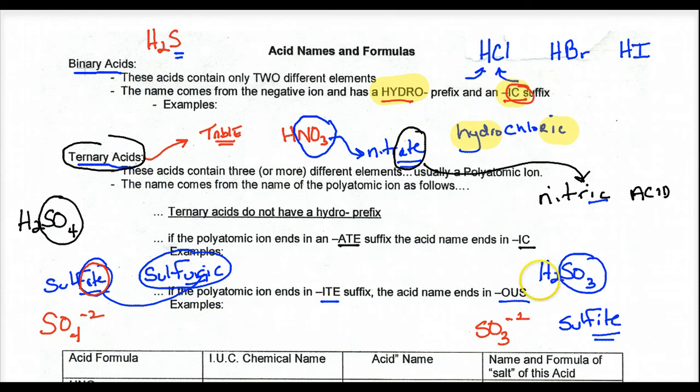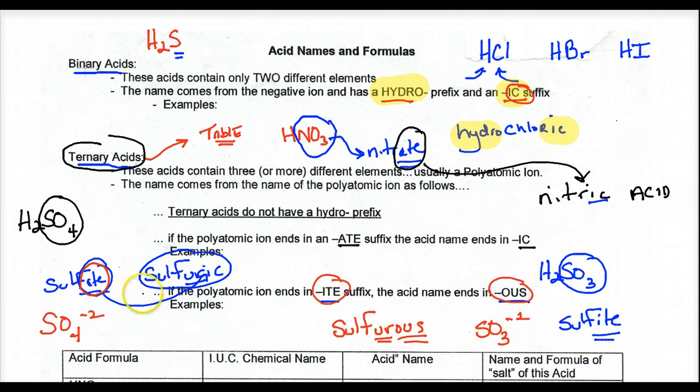The name of this is, you take the name of the polyatomic ion, in this case sulfite, and it becomes sulfurous, ous. Now again, the sulfur there kind of makes it sound better phonetically, but for the ite, you add ous. So sulfurous acid.